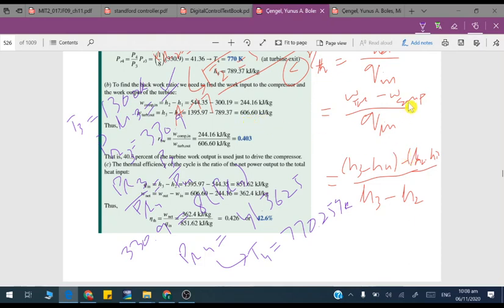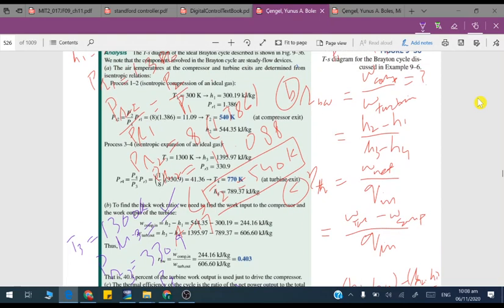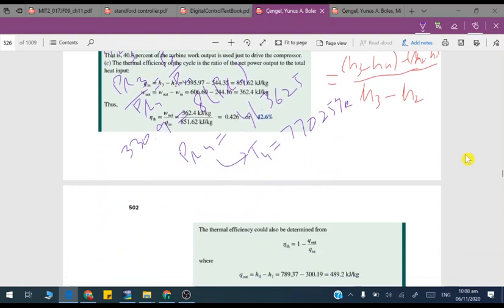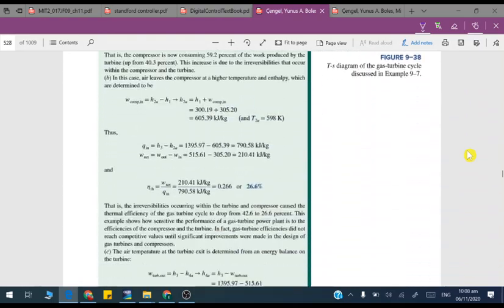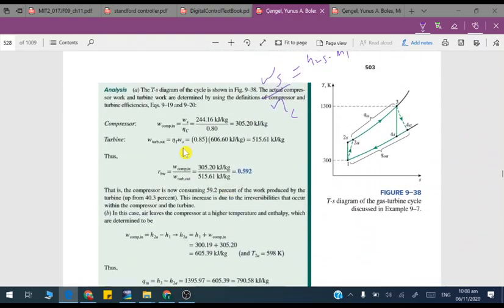I have written here this is turbine H3 minus H4 ideally. So taking that into account and multiplying with 0.85, this will be 515. So what has been done, we have to give more power and we are extracting less power, so the back work ratio will be higher than the previous.